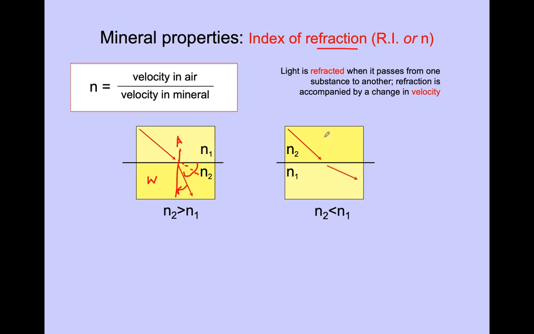Equally, if you draw another line here, you see the beam has turned away from that line. That means this angle is larger and this angle is smaller. It happens when the refractive index differences are like here.